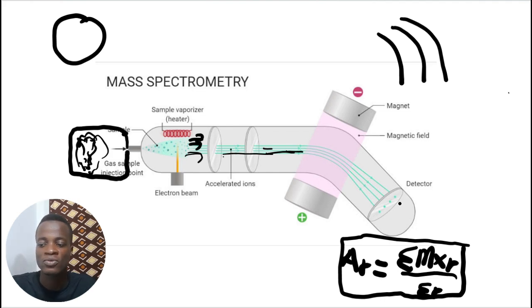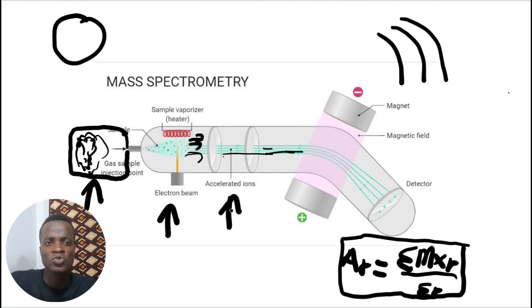And what will the detector do? The detector will record the relative abundances and the masses of the various isotopes inside the sample. Then we use that to calculate the relative atomic mass of the entire species. So we have the vaporization chamber, then the ionization chamber. After you ionize, what should happen? Acceleration. We push it to the magnetic field.